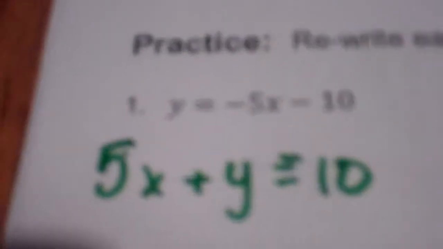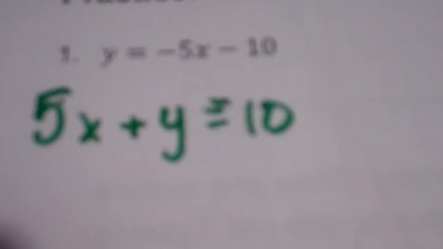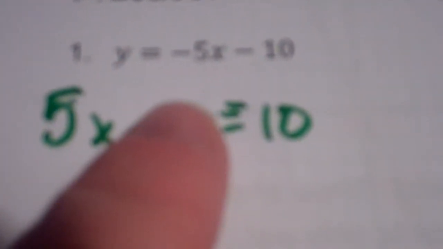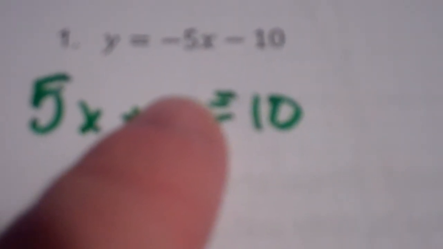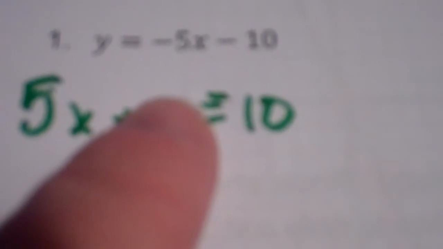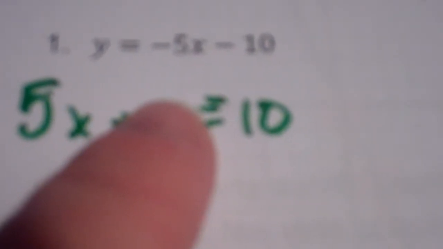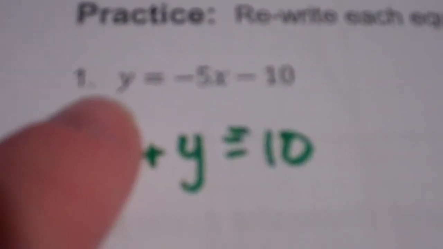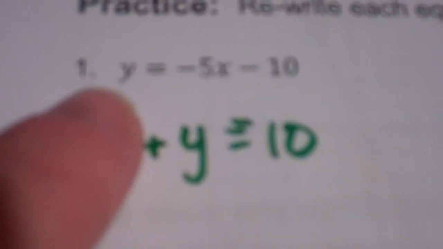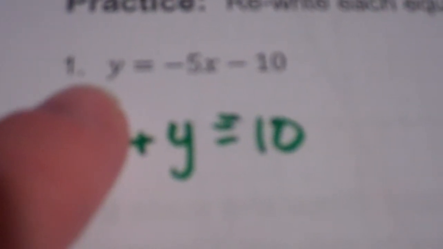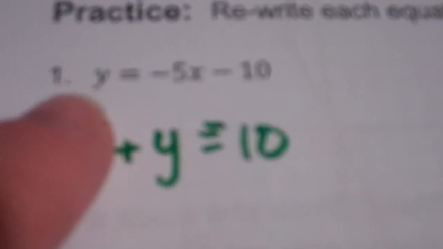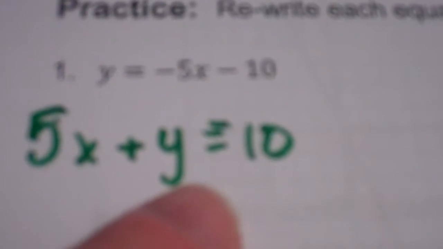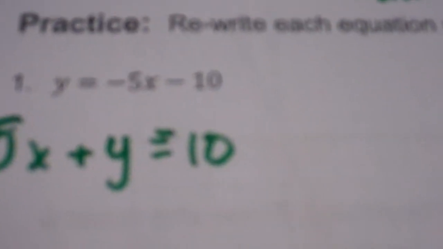Now remember, if you had wanted to graph this using your intercepts, we set y equal to 0, meaning it's not there. So you say, what times 5 gives me negative 10? Oh, think. It's negative 2. Then we set the x equal to 0 and say, oh, it's right there. Y equals negative 10. So we put a point on negative 10 on the y-axis, a point on negative 2 on the x-axis, and draw our line. We've done that before.